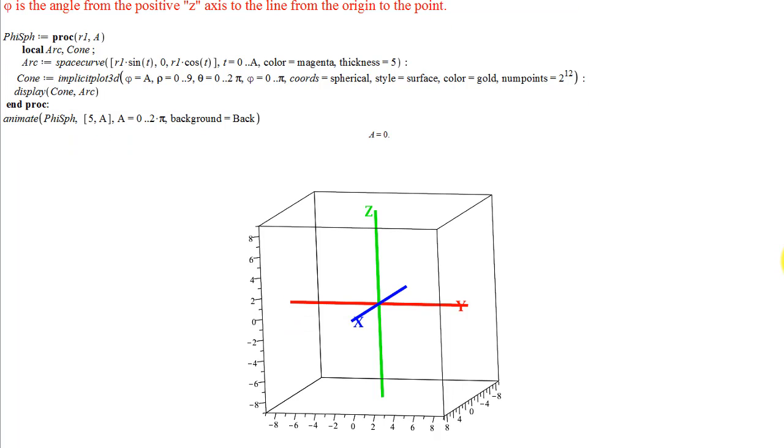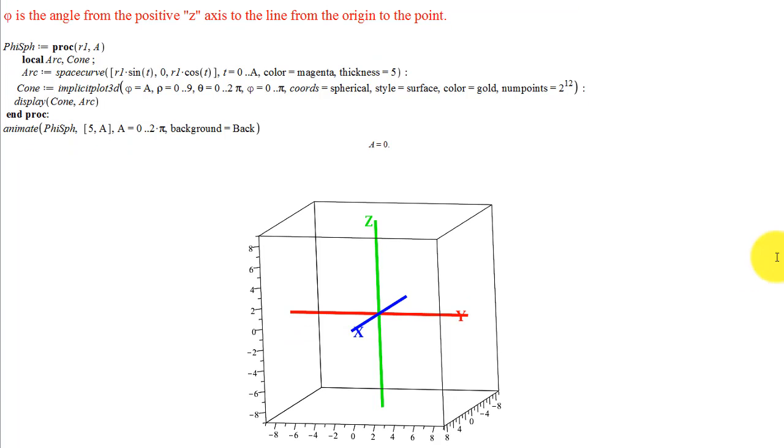Finally, the angle phi is the angle from the positive z-axis down to the line that goes through the origin and the point.